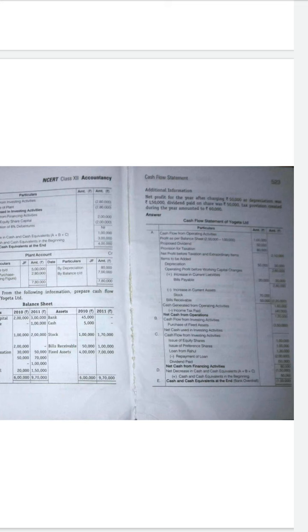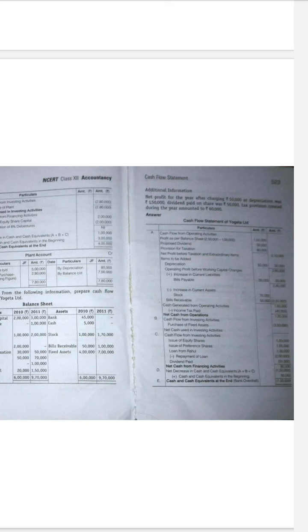What is the meaning of that sentence? The meaning of this sentence is that after charging the amount of 50,000 as depreciation, the amount of net profit is 1,50,000.